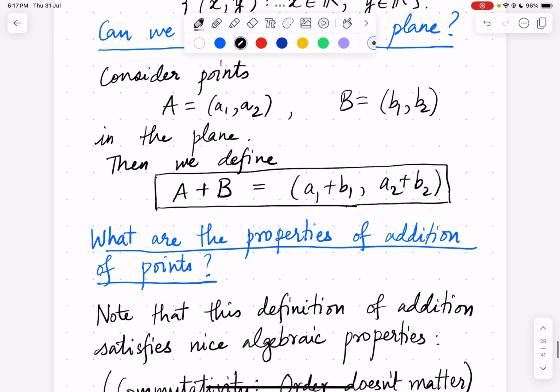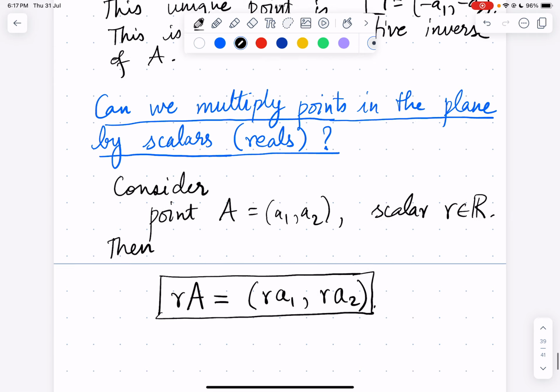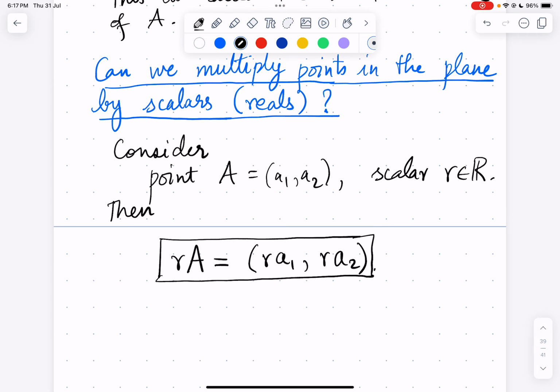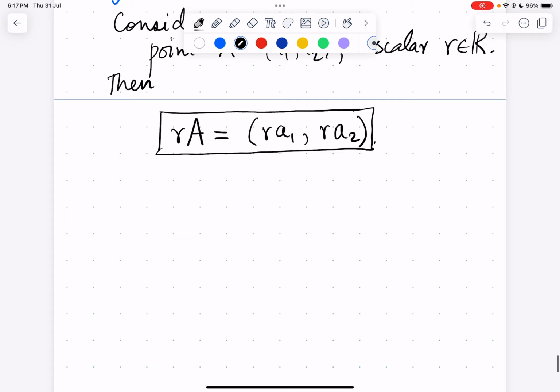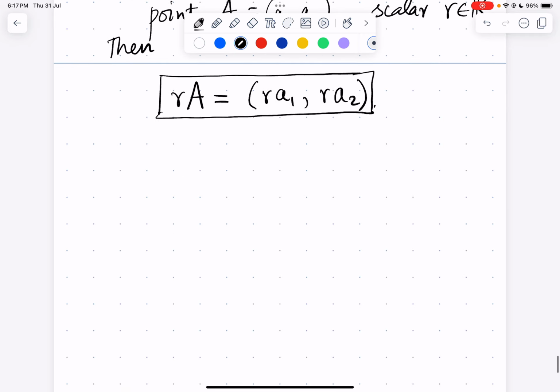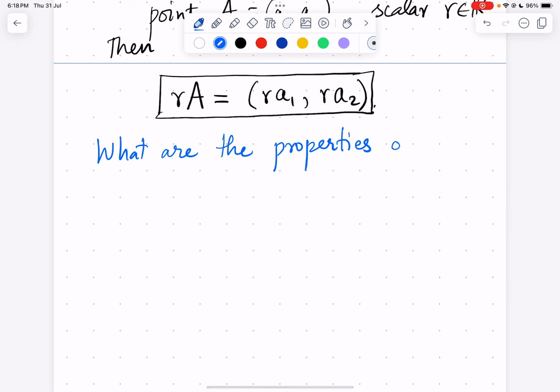Addition of points is also done component wise. So addition and scalar multiplication are done component wise. That's the point. So this is also a natural definition one could consider. Again, what are the properties of scalar multiplication of points?